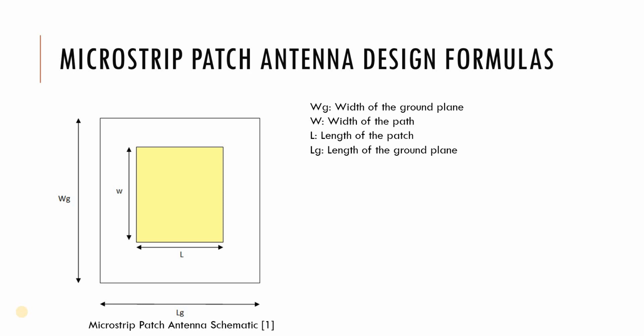These antennas are very useful because they can be printed directly onto the PCB board, and it's very common to use them in mobile applications and communication systems.